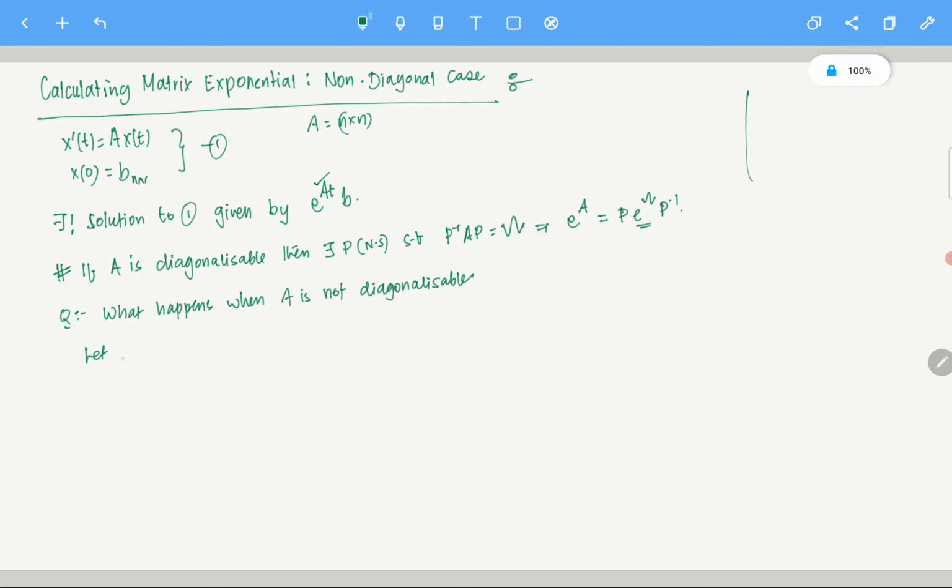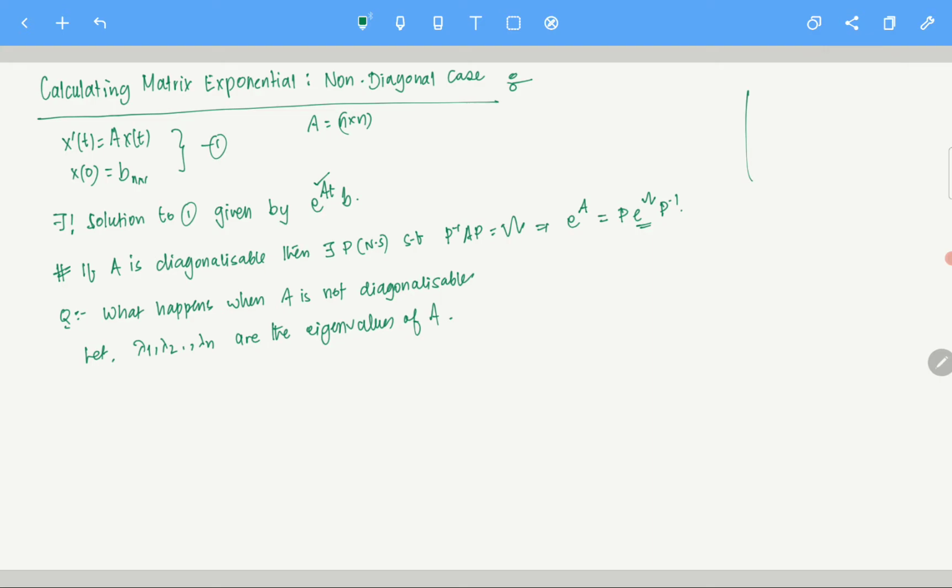So since A is an n cross n matrix, let lambda 1, lambda 2, up to lambda n be the eigenvalues of A. Of course there are some repeated multiplicities, whatever it is, I'm just writing down the whole list of eigenvalues.